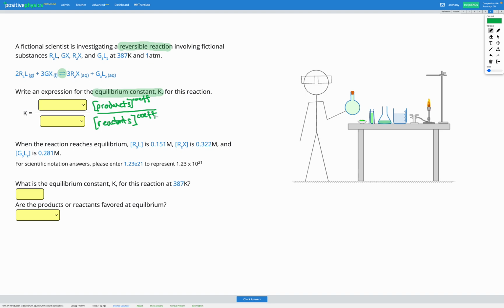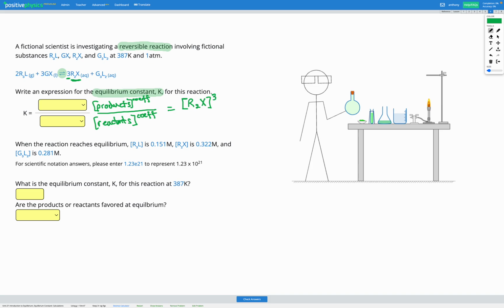So let's start by doing our products. So in the products, we have R2X. It's aqueous. That means it is going to appear in our K equation. So let's write that down. We've got the concentration of R2X. It also has a coefficient of 3. So that means the concentration of R2X is going to be to the power of 3 in our K equation.